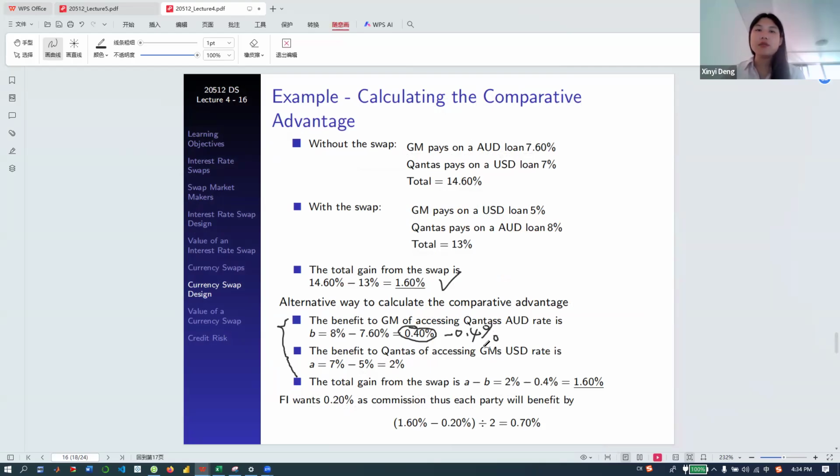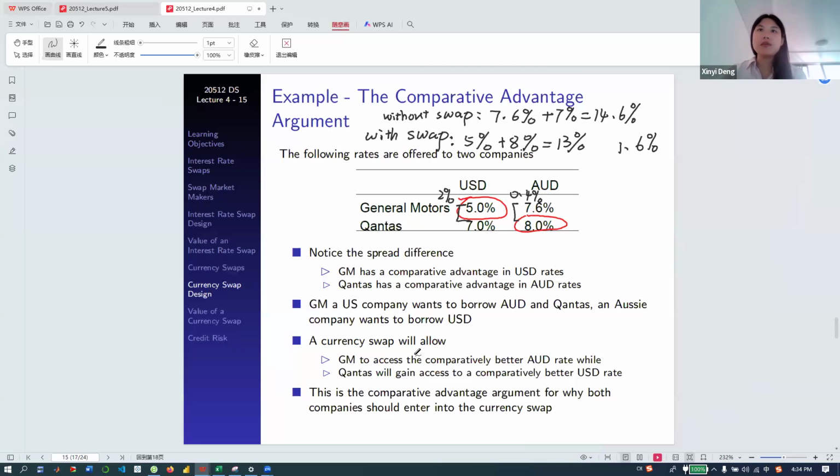And also for Qantas, if having no access to GM's USD rate, it's supposed to borrow at 7%, but with access to GM's USD rate, its cost is reduced by 2%.